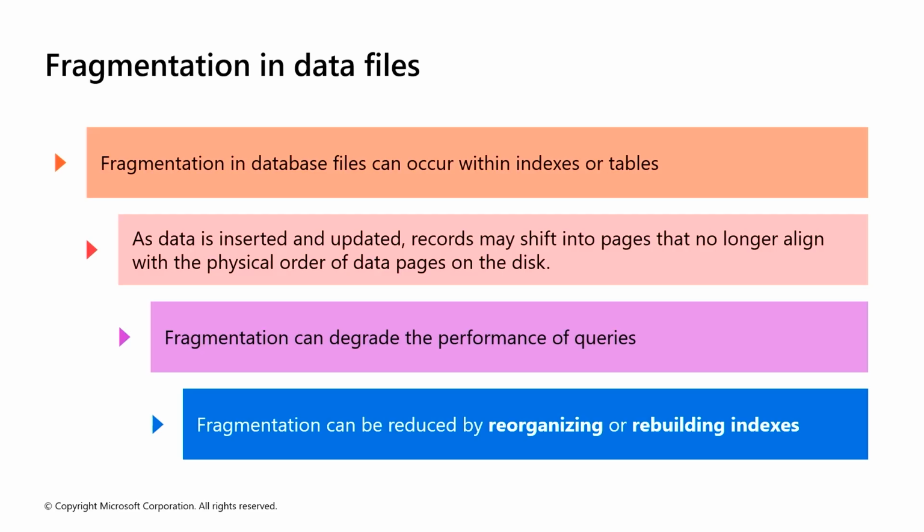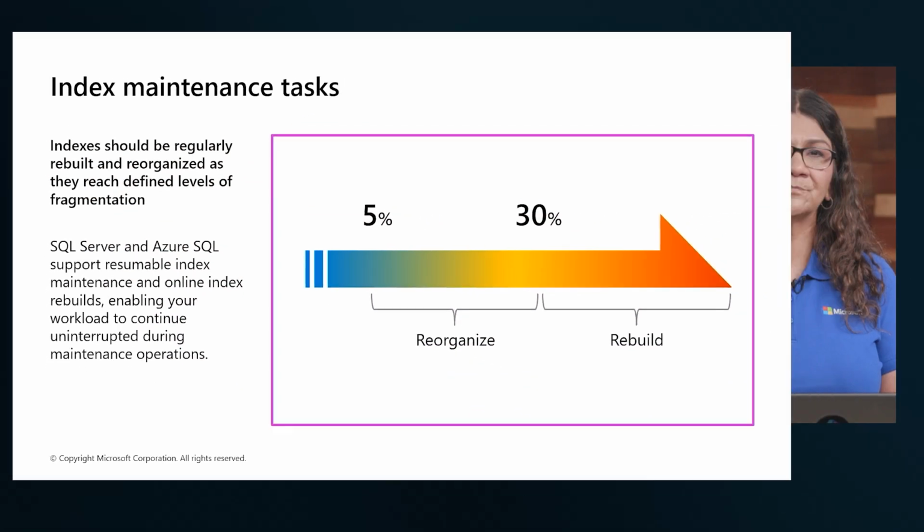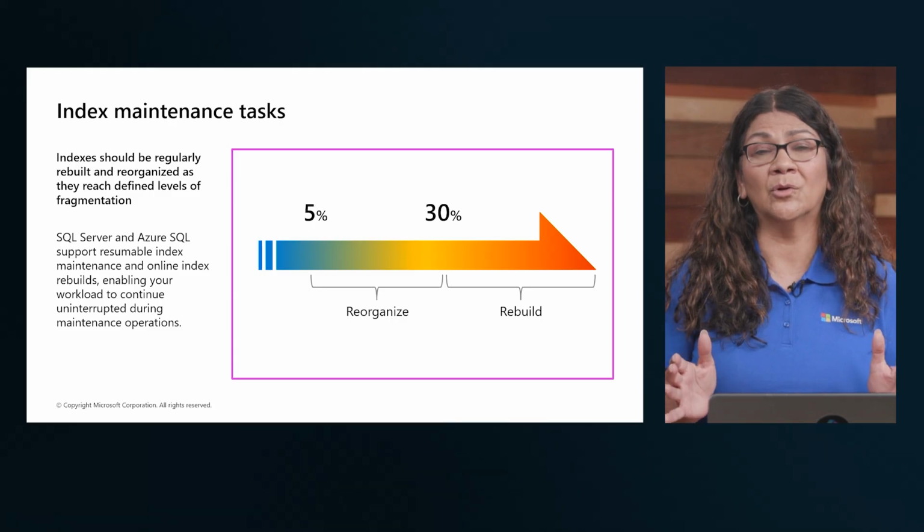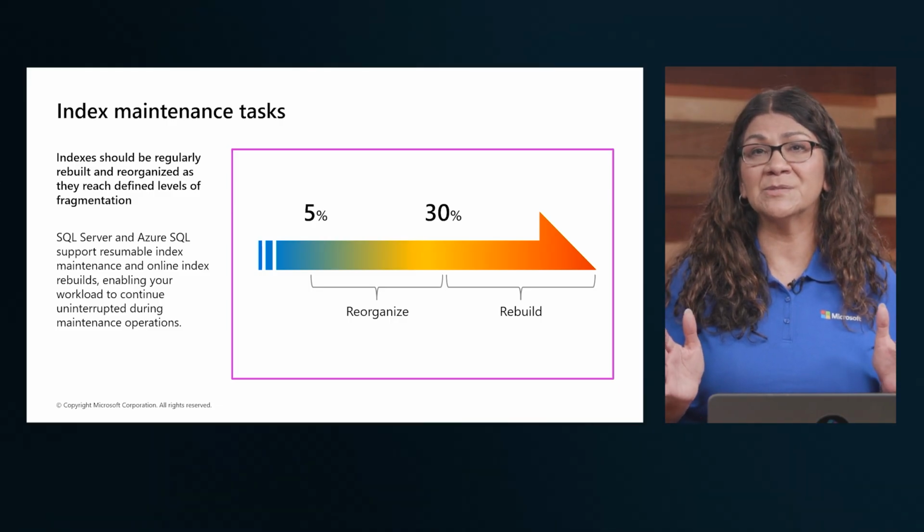These maintenance actions are particularly beneficial in high transaction environments where performance consistency is critical, and they help ensure faster query execution and better resource utilization. Index maintenance tasks play a critical role in optimizing database performance.